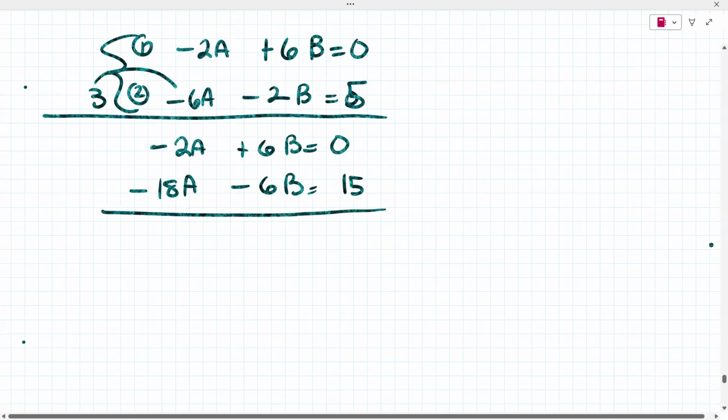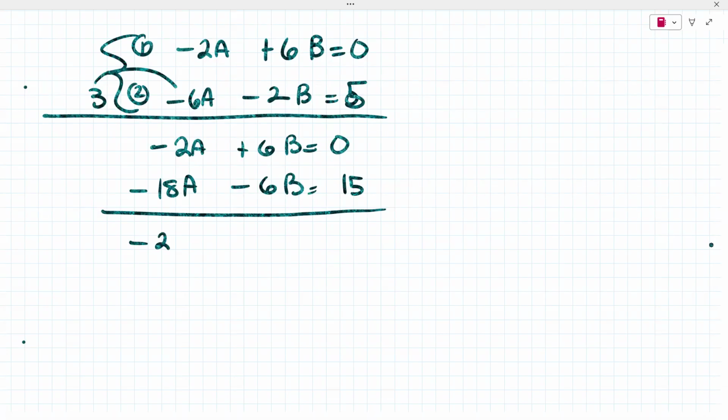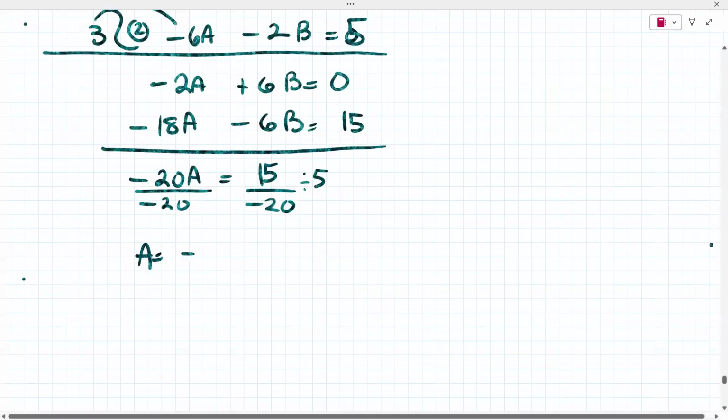The b's cancel. Negative 2a, negative 18a is negative 20a, and then 0 plus 15 is 15. Solve for a, so you're going to divide by negative 20. So you get a equals negative 15 over 20, which can be reduced by 5. So your a is going to be negative 3/4.